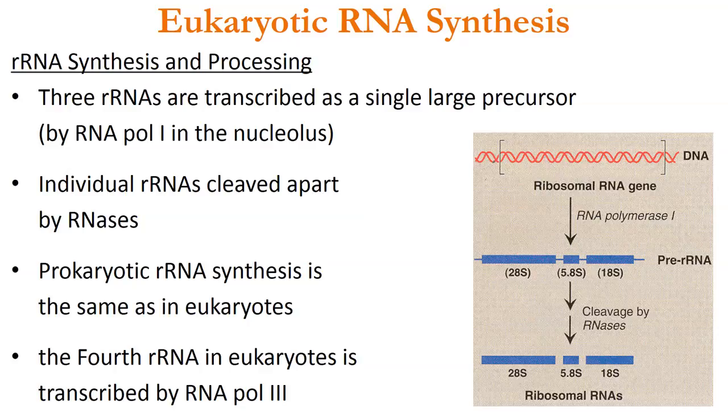Okay? And we have to make these individual, so what you actually do is you have some cleavage events where you transcribe these 3 ribosomal RNAs as one single unit, and then post-transcriptionally, you modify it by cleaving those 3 fragments out to make the mature ribosomal RNAs. There is a 4th ribosomal RNA. You already knew that there are 4 ribosomal RNAs in eukaryotes. And that 4th one happens to be transcribed by RNA polymerase III.